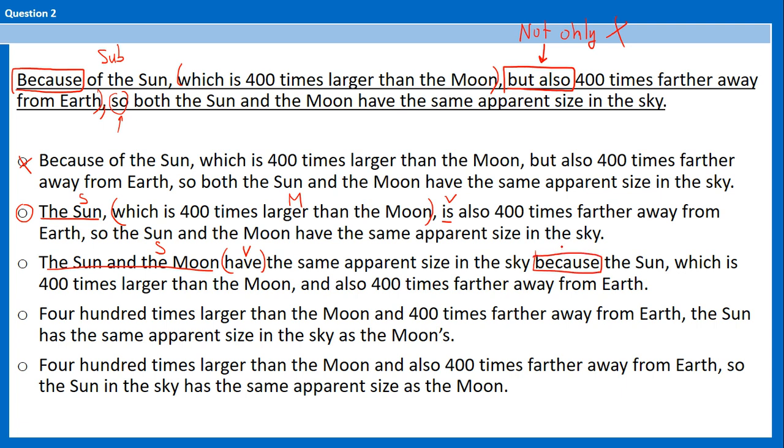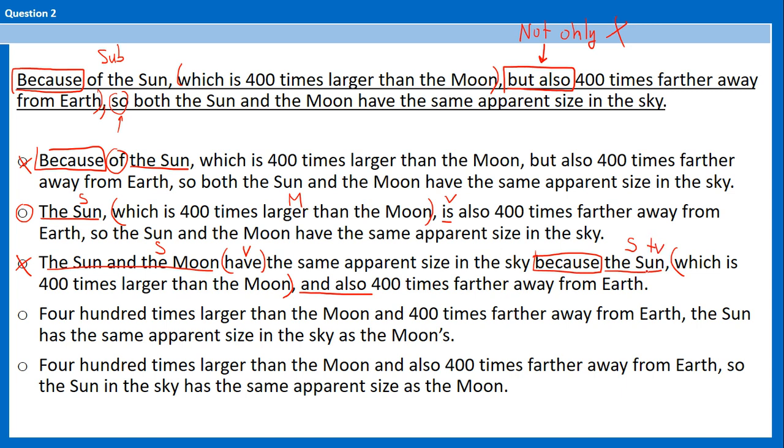And again, after a subordinator, you can have a subordinated subject, because the sun, and then you need a verb for the sun. Because the sun, get rid of the which, and also, that's wrong, because the sun and also is incomplete. Notice that there are 2 possible structures with because. You can have because of plus a noun, or because subject plus verb.